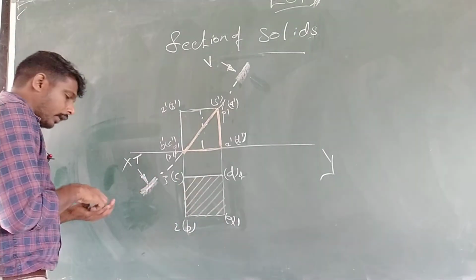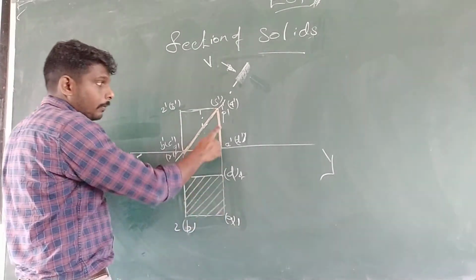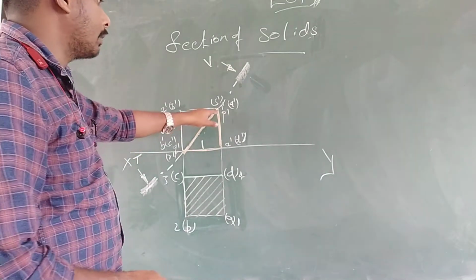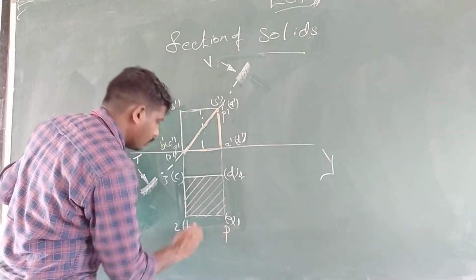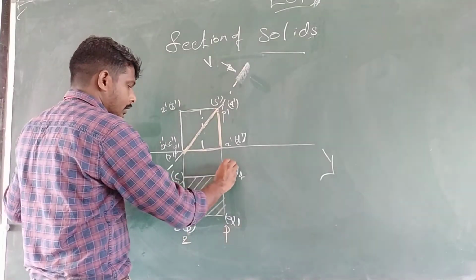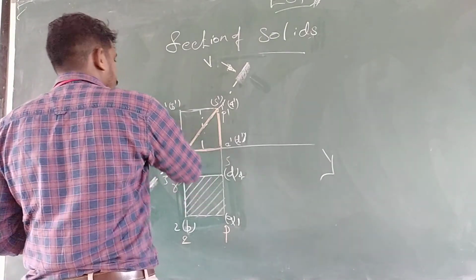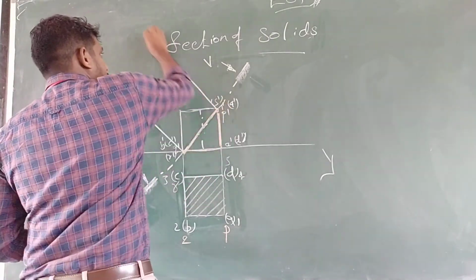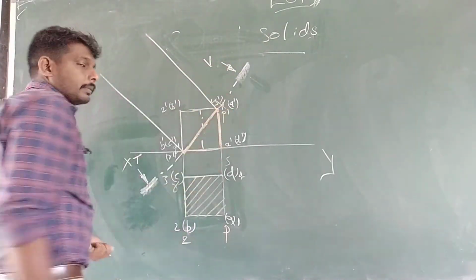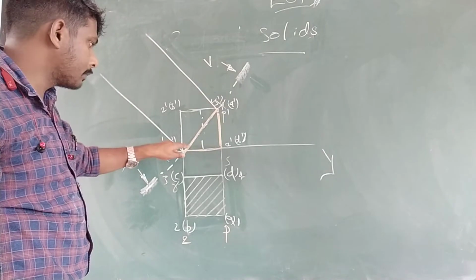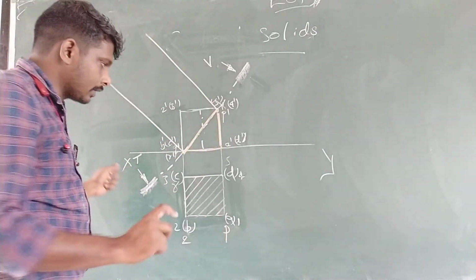Then in order to find the points, P comes in 1, and Q, R and S. Then to draw the true shape, we should project lines perpendicular to the section plane. Then please listen.